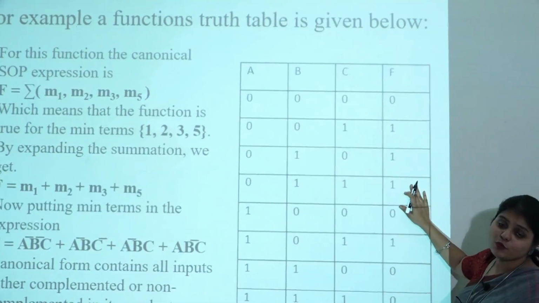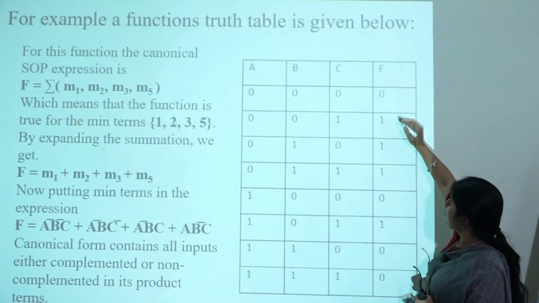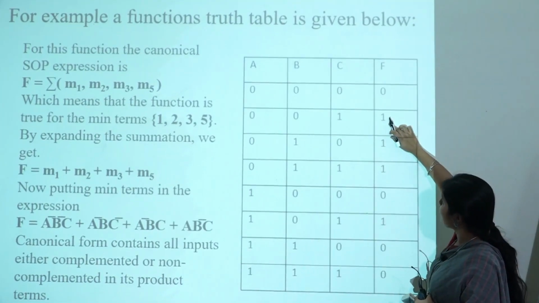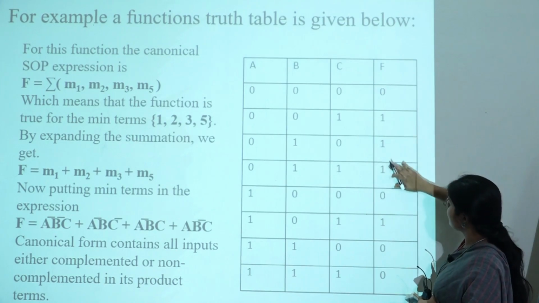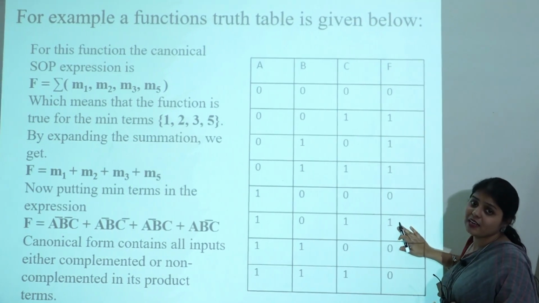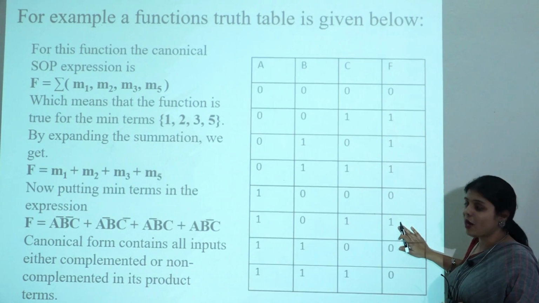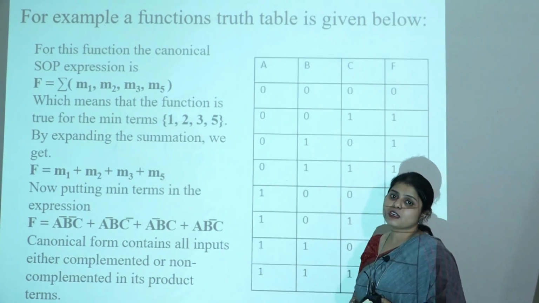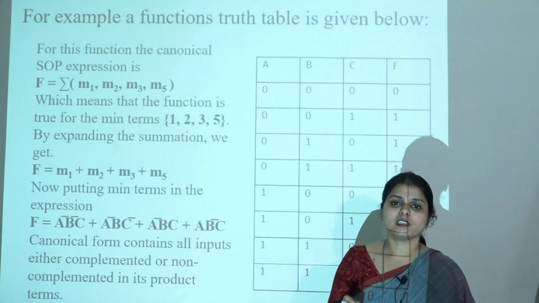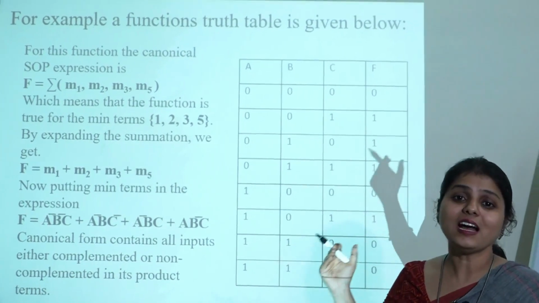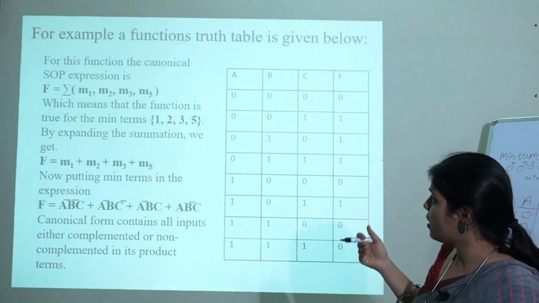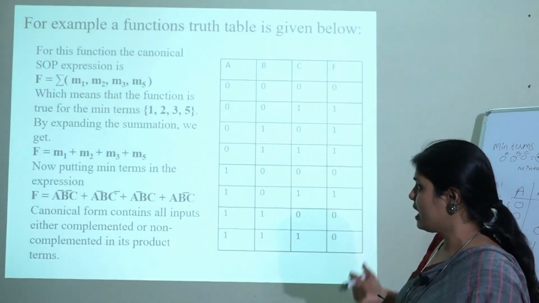Looking at the output variable. f is my output variable, wherein I have 1 here, 1 here, 1 here and 1 here. That is, in the first, second, third and fifth locations I have my output variable as 1. Hence, I am representing my canonical SOP form as f is equal to summation of the given minterms which are high, that is M1, M2, M3, M5.